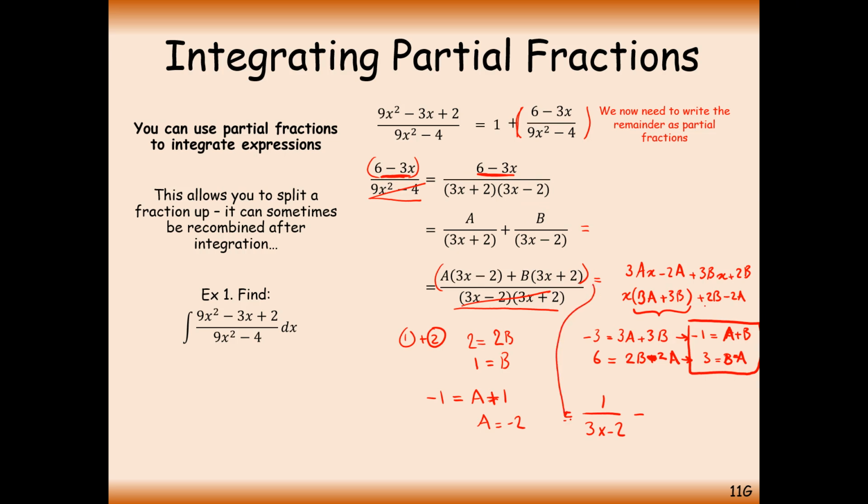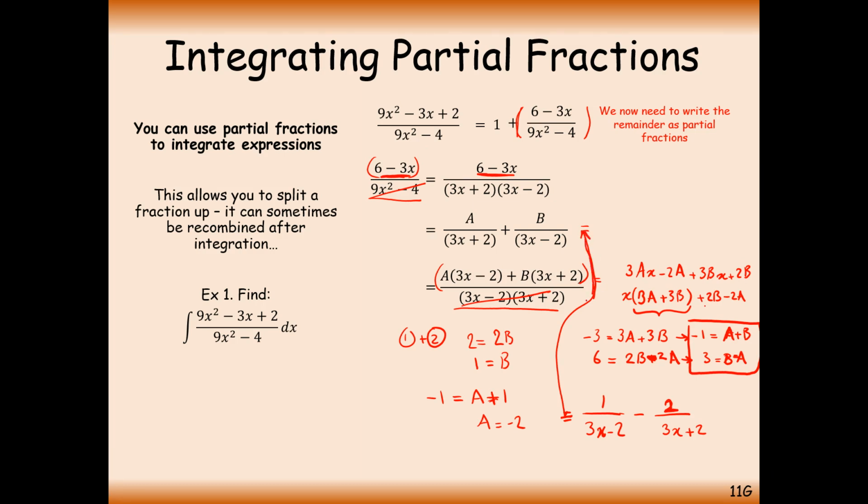So that's the answer to this line. This is an x, not a multiplication sign, and minus 2 over 3x plus 2. Okay, so this actually is this line here.